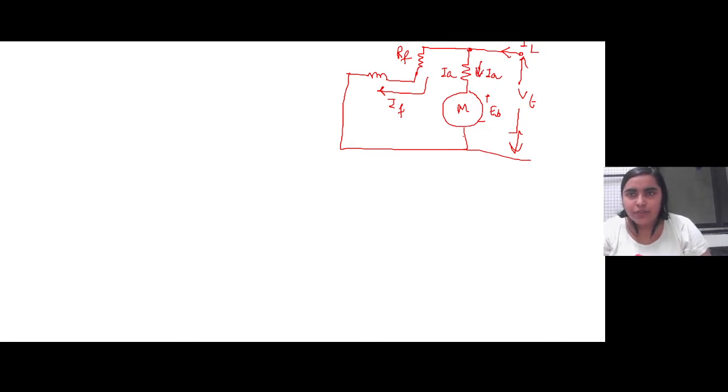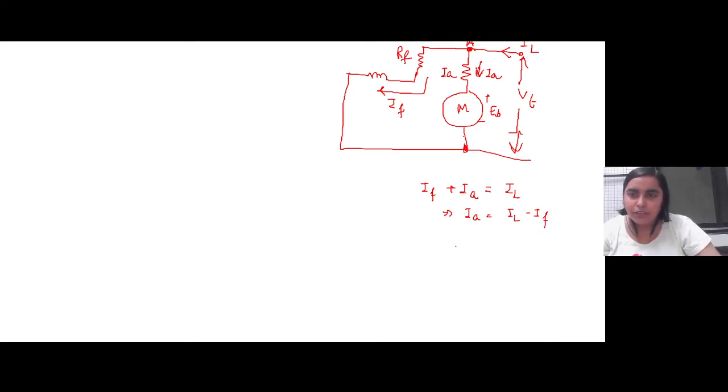So again, if we apply the KCL at node A, the field current and the armature current are leaving the terminal and the load current is entering the terminal. So IA is equal to IL minus IF.